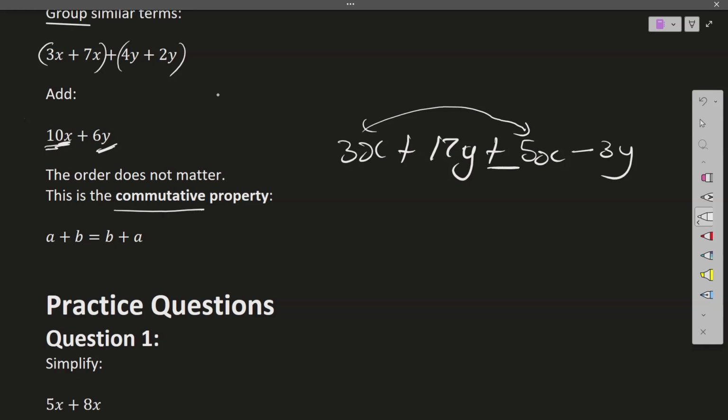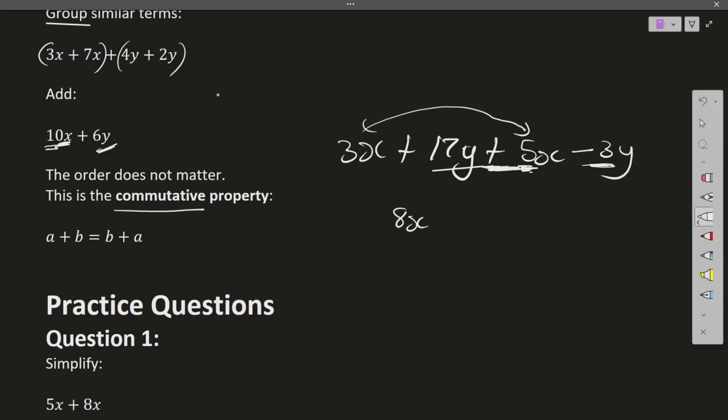All you have to know is the symbol before the coefficient. This is a positive 5, and so it is 3 plus 5, which makes 8x.